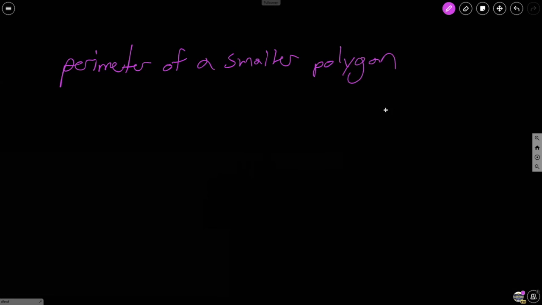All right, so let's say the perimeter of a smaller polygon is 66 feet and it has a scale factor of 3/4. All right, and so we use the same equation, smaller perimeter divided by the bigger perimeter.